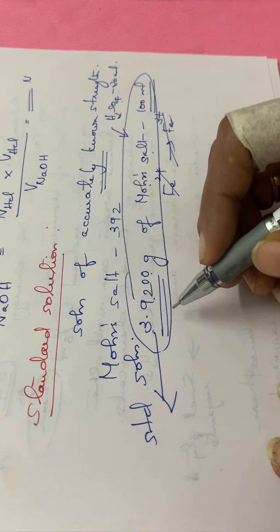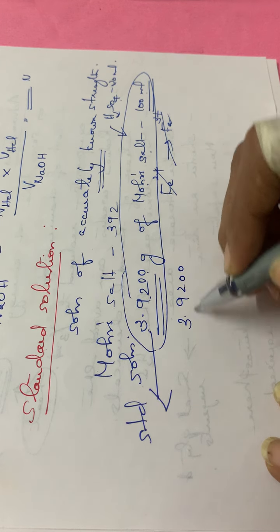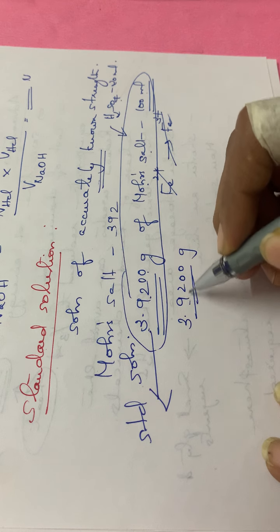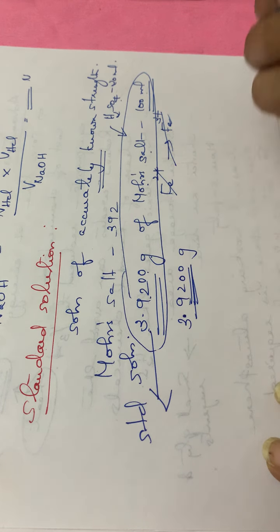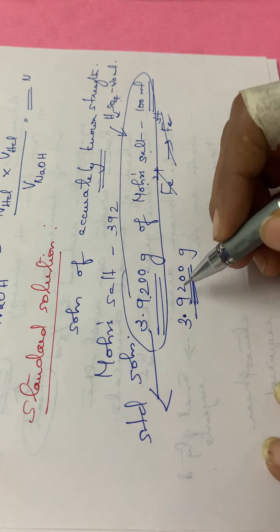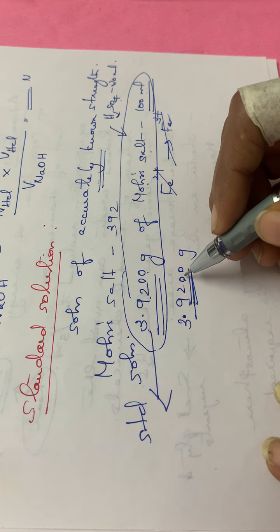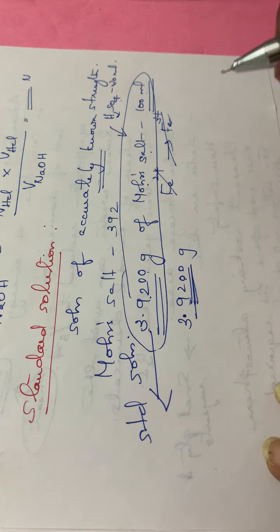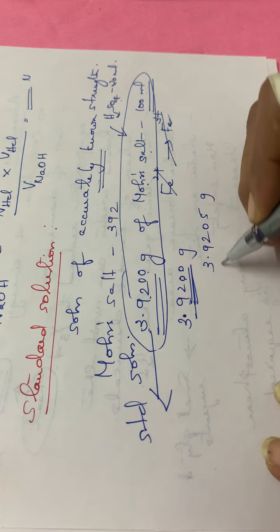See here the decimals I have written: 3.9200. You have to write the decimals up to 4 places after the decimal point. Then only it will be an accurate weight. You should not write it as 3.92. If it is 00, you have to write it as 3.9200, and if it is 3.9205, you write it like this.